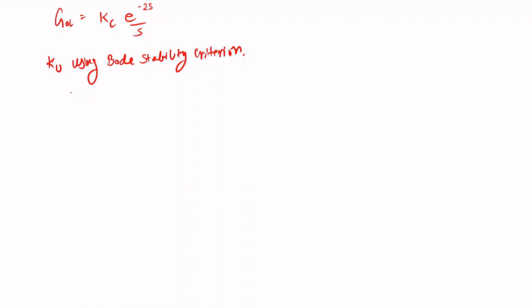So if the controller gain is Kc, then we can write this Kc as Ku upon Gm, where Ku is the ultimate gain and Gm is the gain margin, and we find this ultimate gain such that this gain margin should be always greater than 1 to ensure stability.